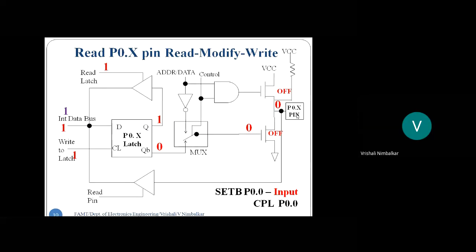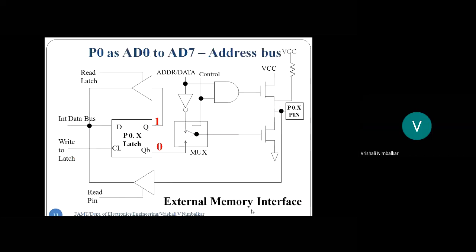Then complement the carry or the bit memory, the second instruction. And the third instruction is to take that complemented result and send it on the pin. I should not directly operate on the pin.